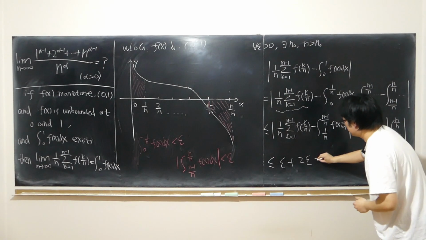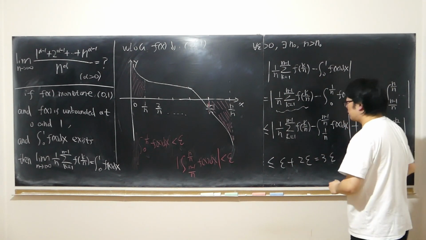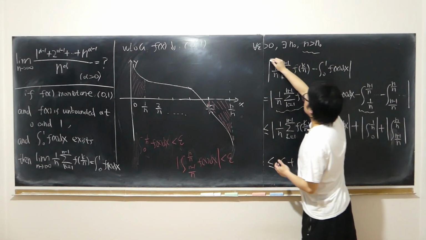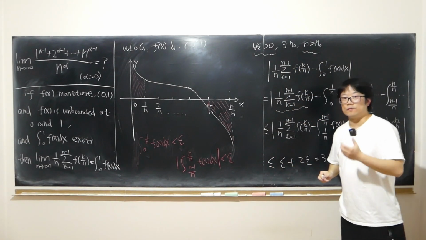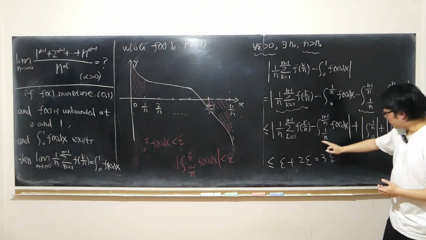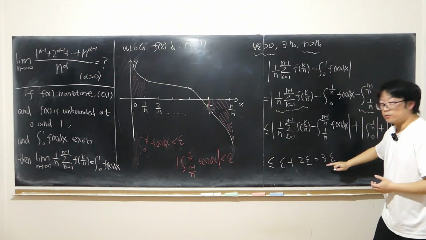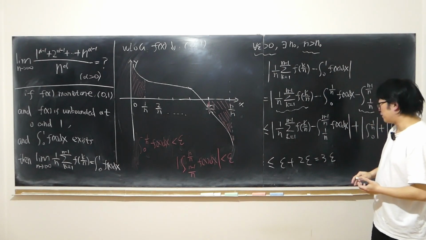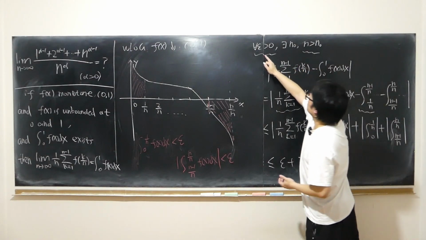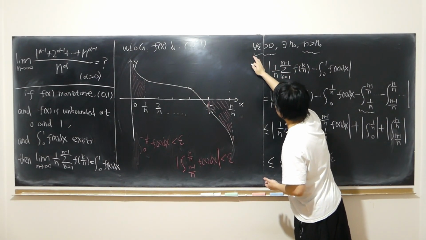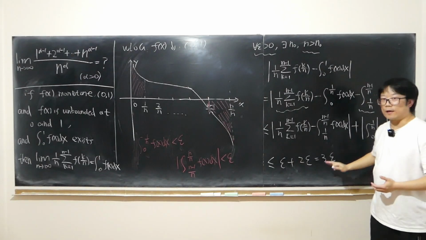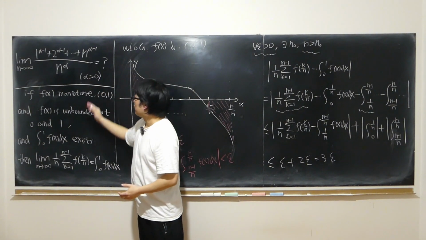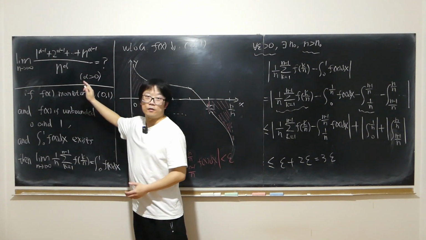And you have 3 epsilon when n is big enough, for any epsilon greater than 0. It's okay if it's not epsilon; 3 epsilon is okay, it's arbitrarily small. If you just use epsilon over 3, then eventually you get epsilon. That doesn't matter. So then we can safely say that you can apply the Riemann sum as the standard one to this one.